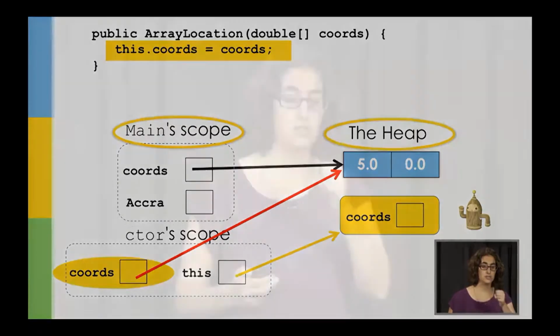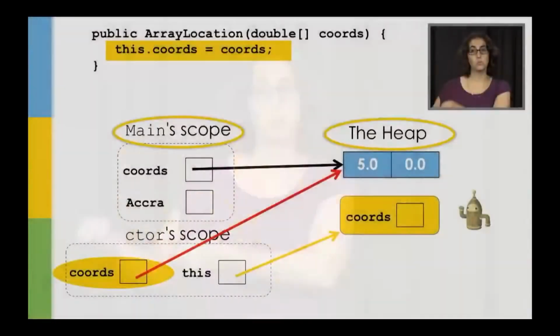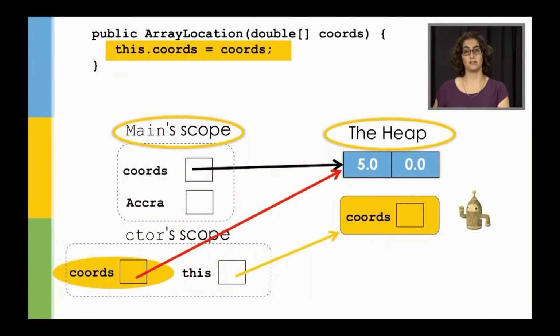And what we're doing is we're copying that reference to this dot coords. So remember, when we have a dot, that means that we can find the variable by following the arrows. So we look at where this points to, and this points to the object of type array location in the heap. And what we're doing is we're setting the value of the variable coords in that object scope.